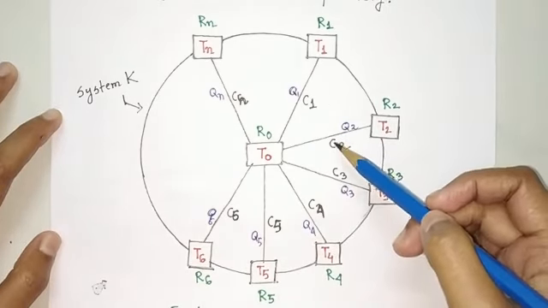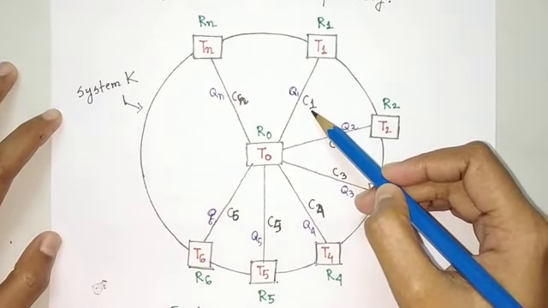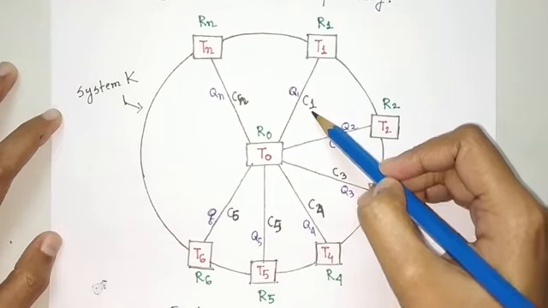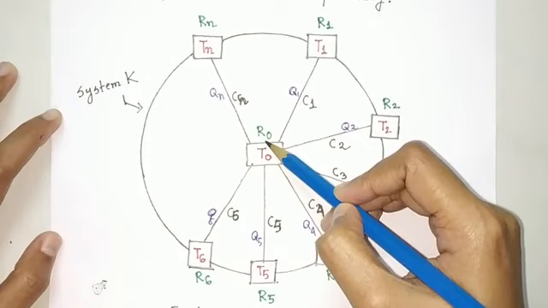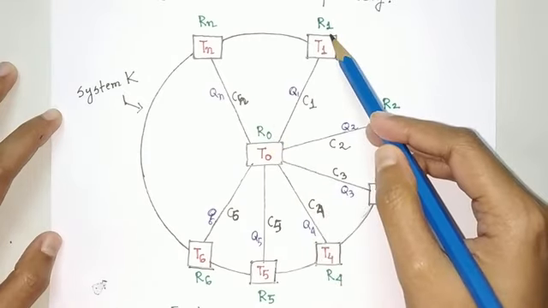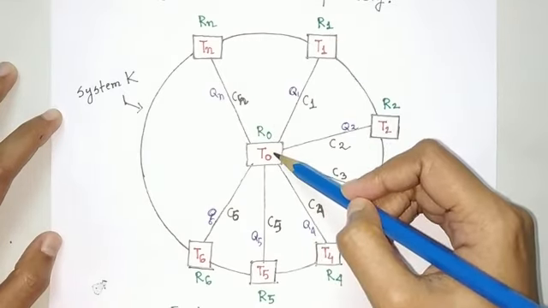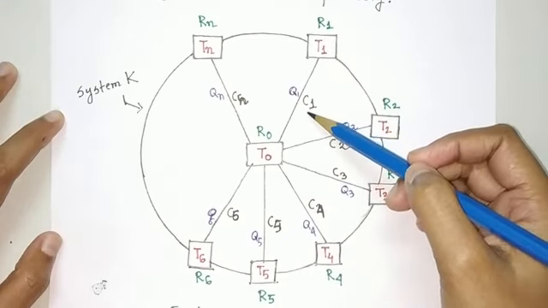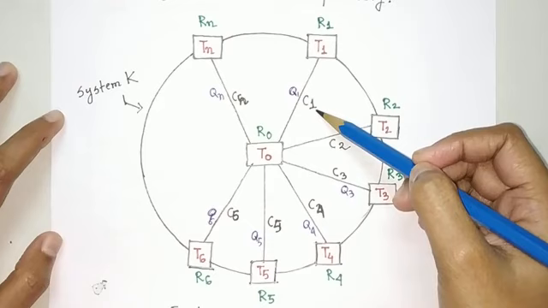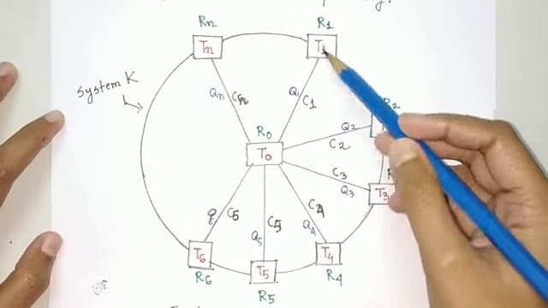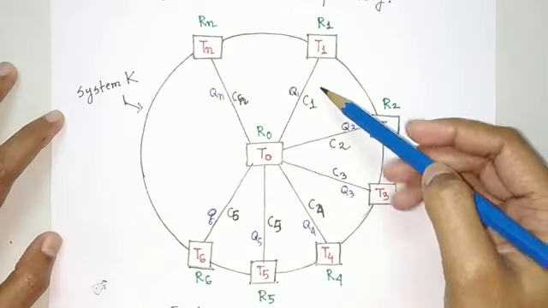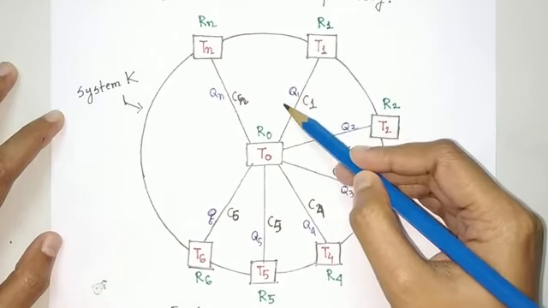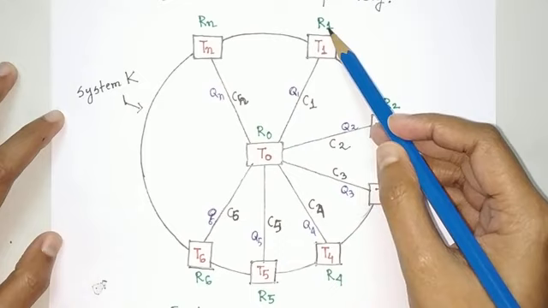For the first Carnot engine C1, it operates between the reservoir R0 and reservoir R1, which are at temperatures T0 and T1 respectively. So we can say that the Carnot engine C1 acts between the temperatures T0 and T1, and it exchanges an amount of heat Q1 with the reservoir R1.